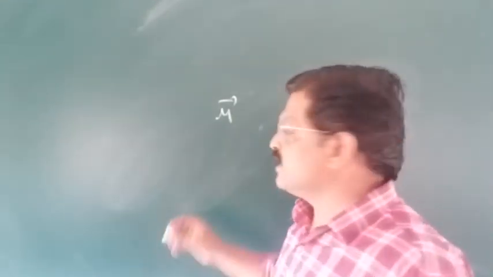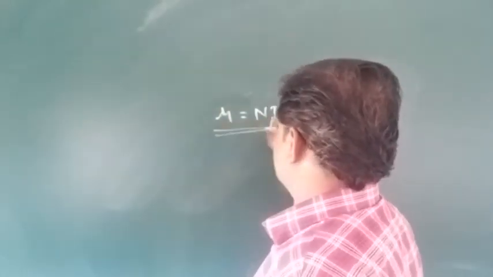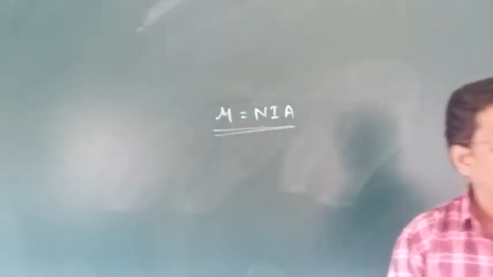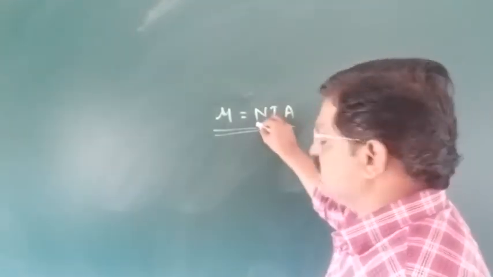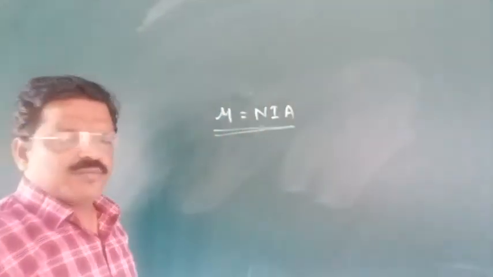The magnitude of mu is equal to NIA. This also we have seen in 11th standard. So mu is equal to NIA. N is the number of turns of the coil, I is the current flowing through the coil, A is the area of the coil.